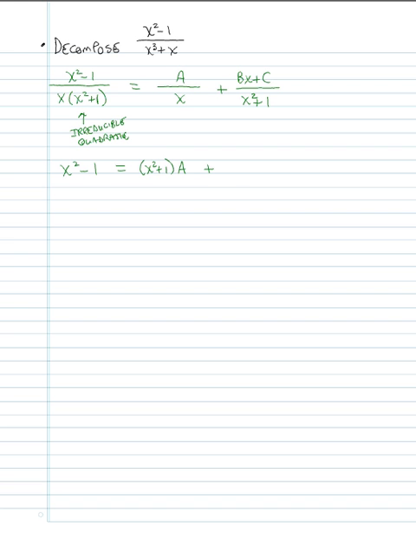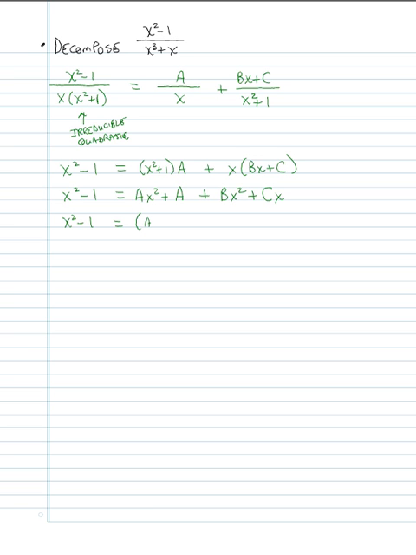So we're left simply with an x times the numerator of bx plus c. And then we begin to clean up and rearrange. A times x squared we'll write as ax squared, plus a times 1 we'll write as a. Over here, x times bx, of course, we'll write as b times x squared, and then plus x times c we'll write as cx.